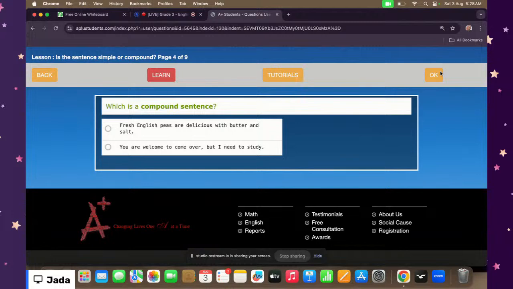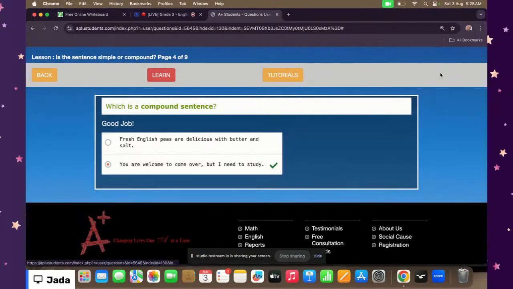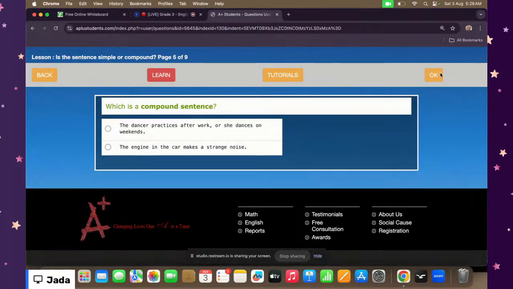Compound sentence. Two. Okay. So, which is the compound sentence?